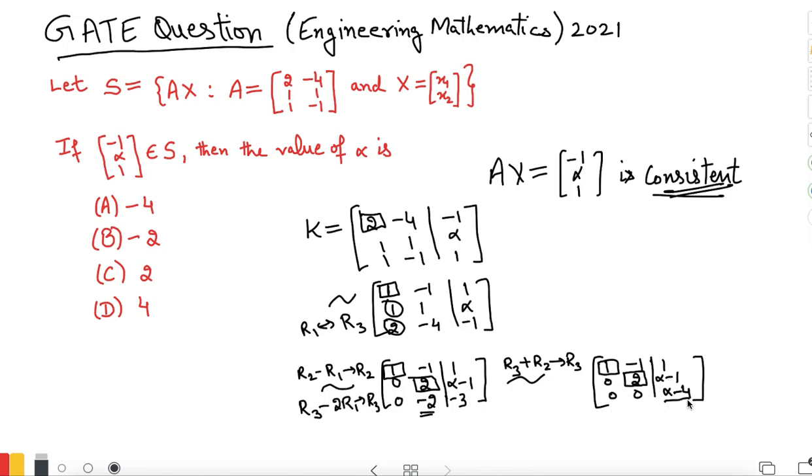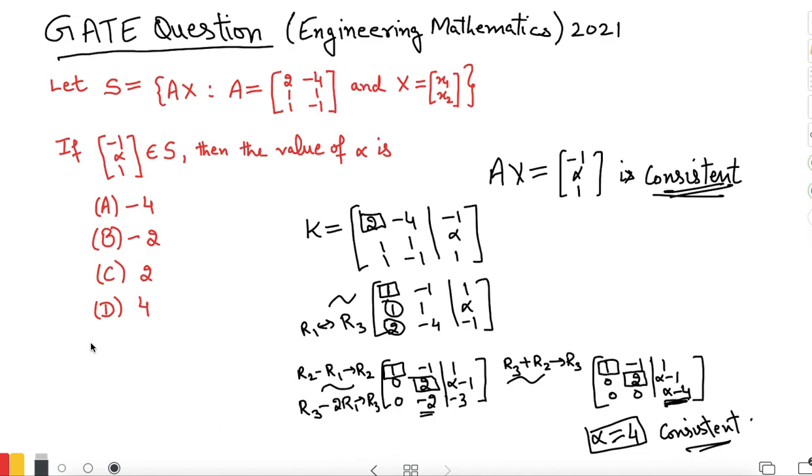If this element is a pivot, then we will have an inconsistent system, and to have consistency the last element in the last row has to be exactly 0. So alpha minus 4 has to be 0, which means alpha must be 4 to make the system consistent, and only for alpha value 4 the vector will belong to the set S.